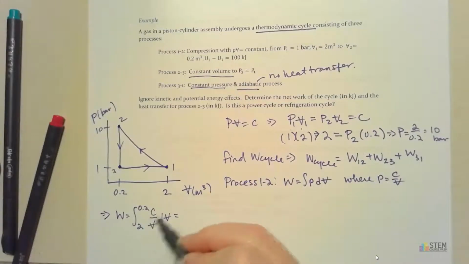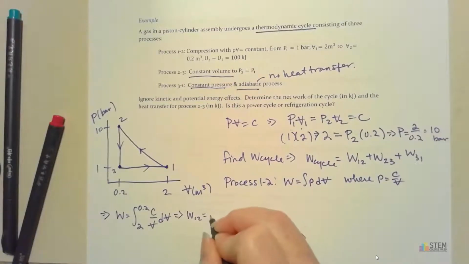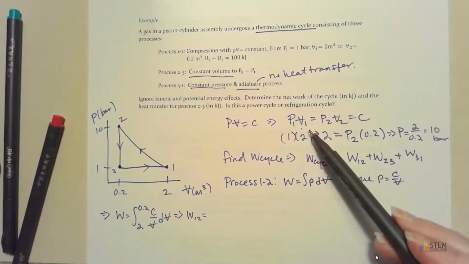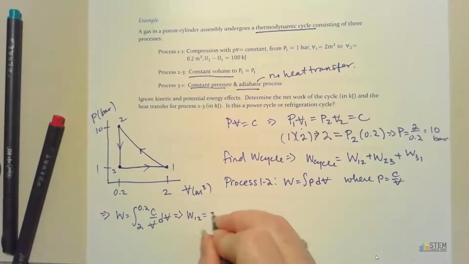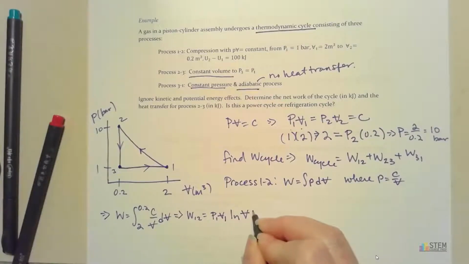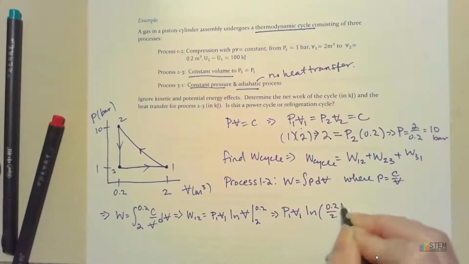So basically you're doing the integral of dV over V. So that is going to give you a work of C, which we're going to say is P1 V1, times the natural log of volume, and then we're going to evaluate at 2 and 0.2. So that's going to give you P1 V1 times the natural log of 0.2 over 2.